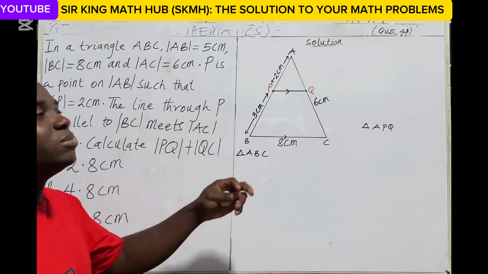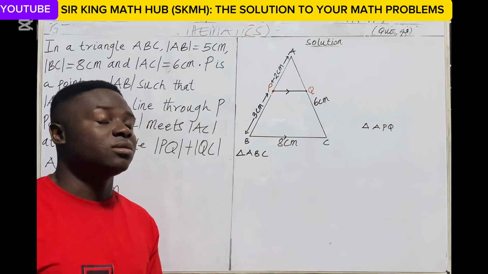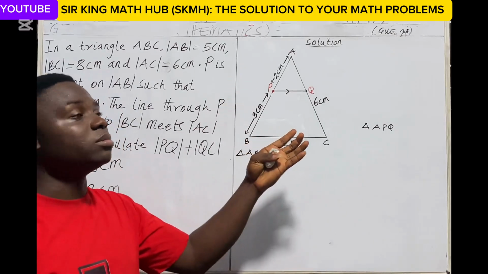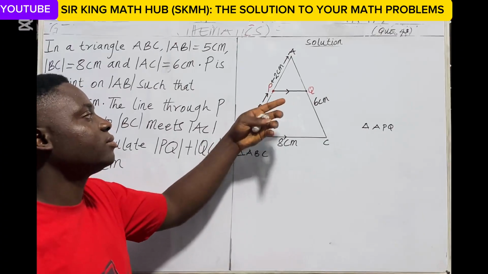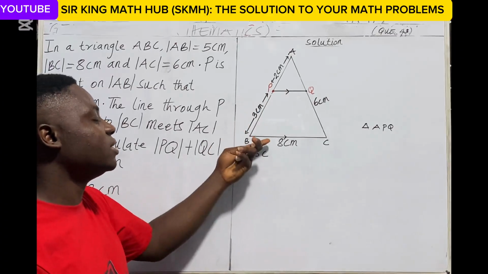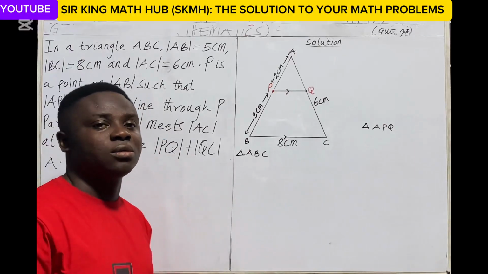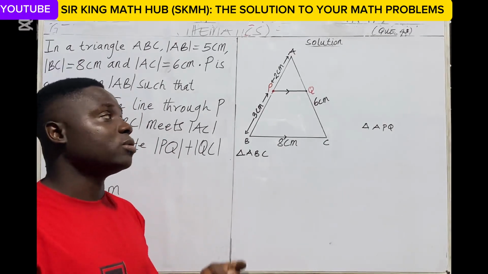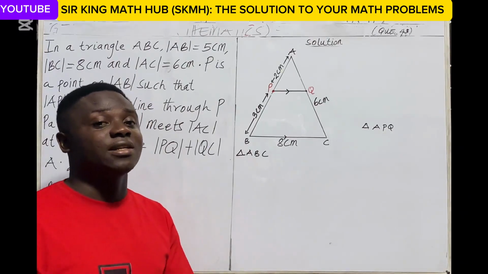Now, what is the relationship between these two triangles, the bigger triangle and the smaller triangle? Consider they are of the same shape. The base of the smaller triangle is parallel to the base of the bigger triangle. So these two triangles are similar. They are similar because they are of the same shape, just that one triangle is larger than the other.